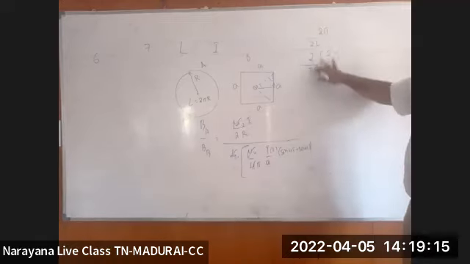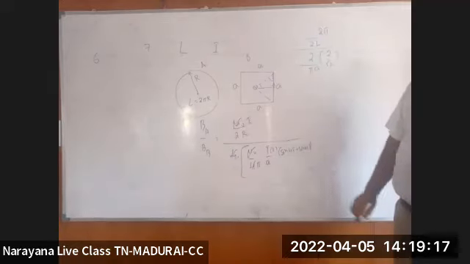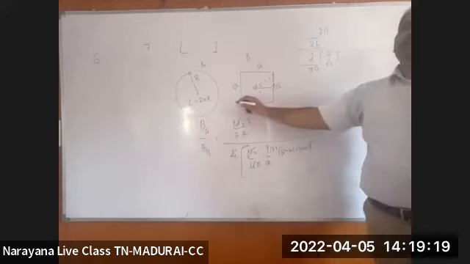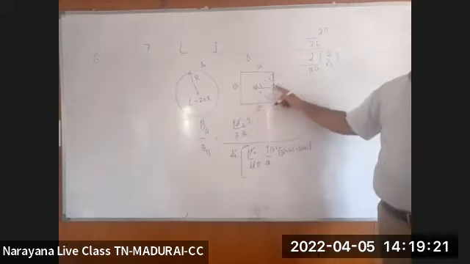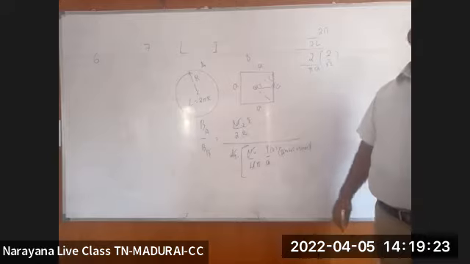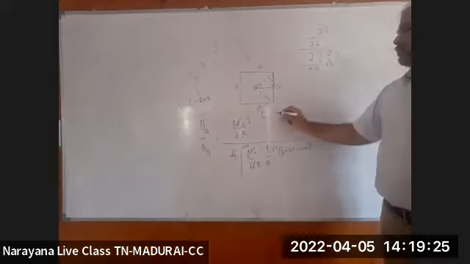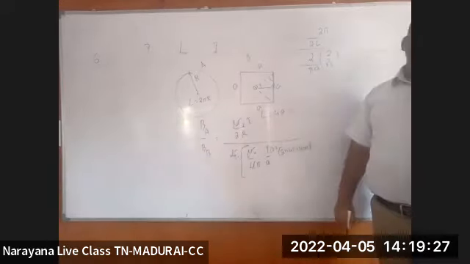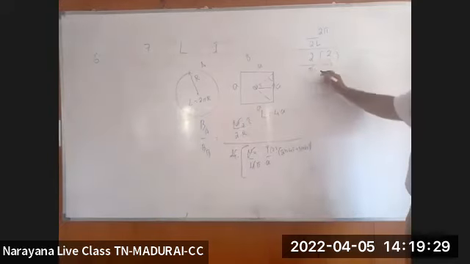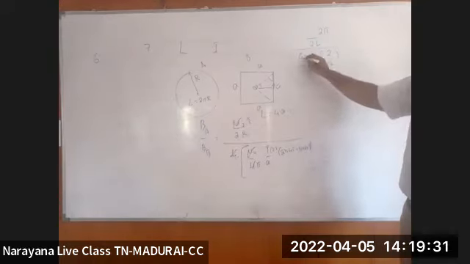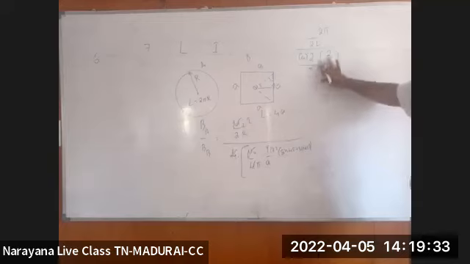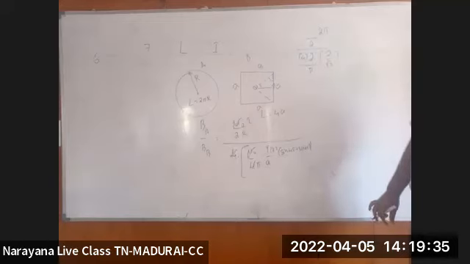I also cancels. And what is the length of this wire also? Capital L. L equals A plus A plus A plus A, 4A. So L equals 4 into A. So A value is L by 4 here. Now this L cancels.